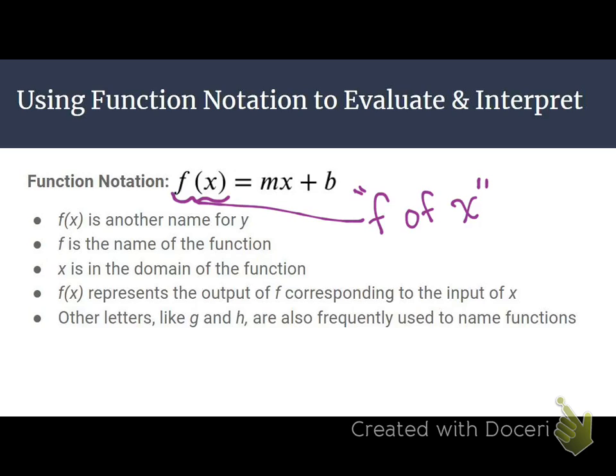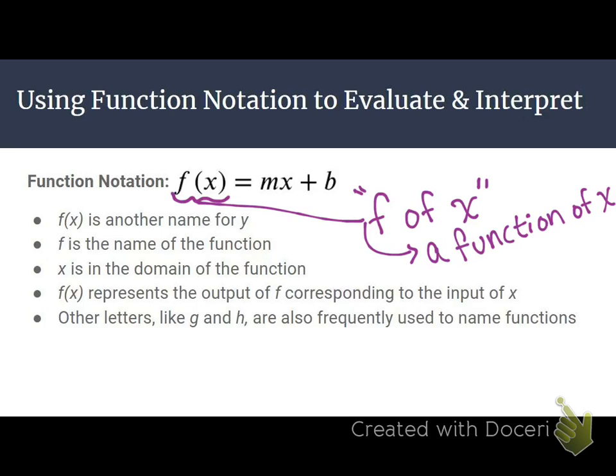Or another way of saying it is a function of x, and it's equal to mx plus b, which again, we talked about that being our generic equation for linear functions. We'll talk more about what the m and the b mean later on.